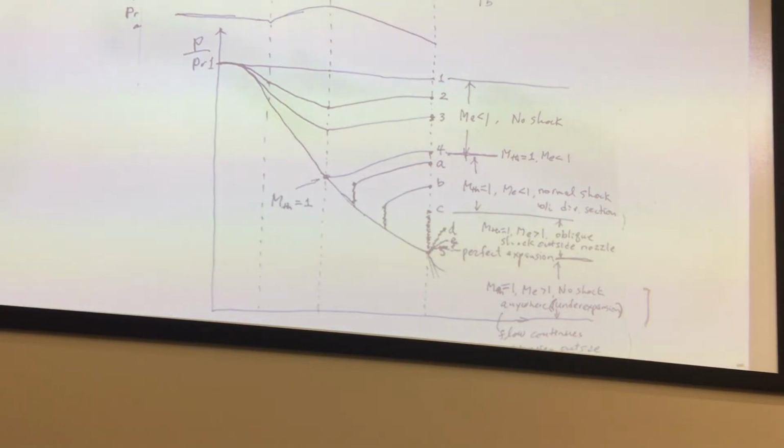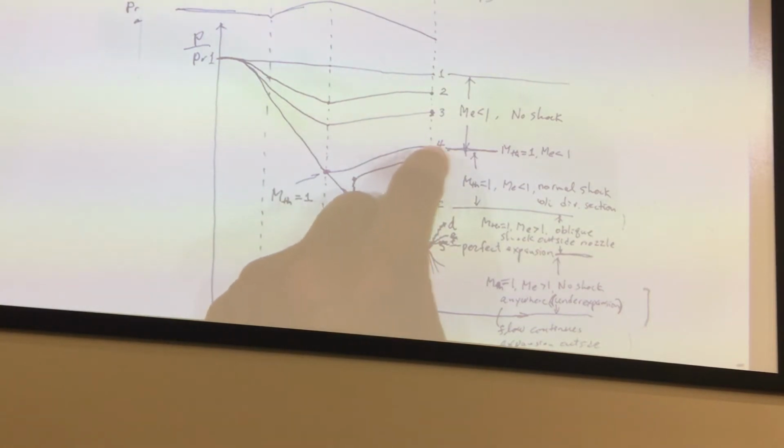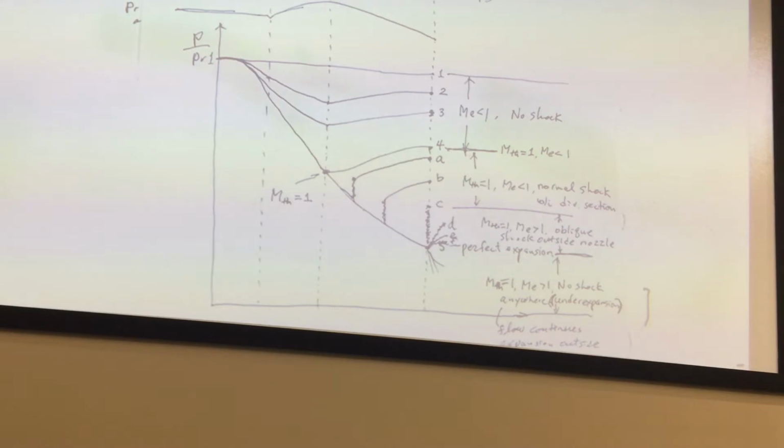Sounds good? So this you need to know, right? To say, okay, that's the point where I can have that pressure corresponding to that point, and if it's below that, then the nozzle is choked, regardless of whether you will have a shock wave later on or not.